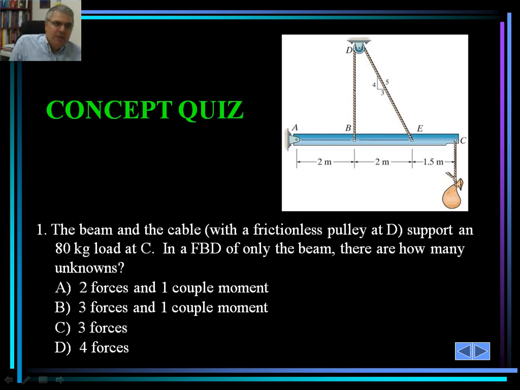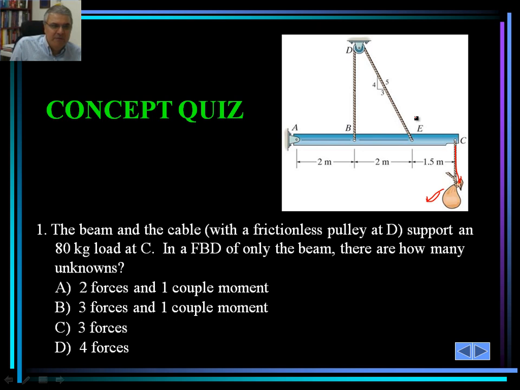There's an 80 kilogram load at C, so this is known, right? This is known. So how many unknowns are here? Again, we're just looking at the free body diagram of only the beam itself.